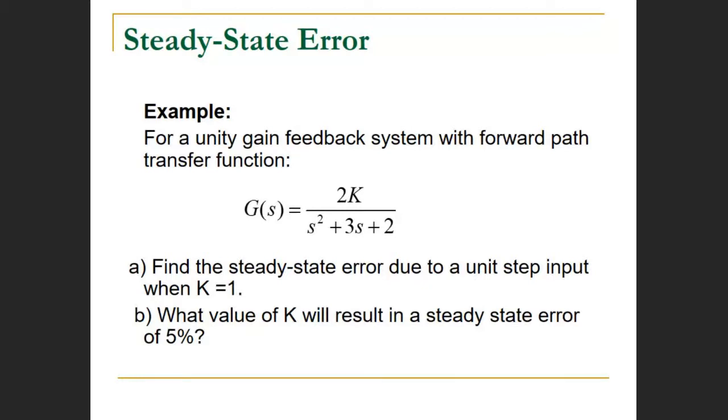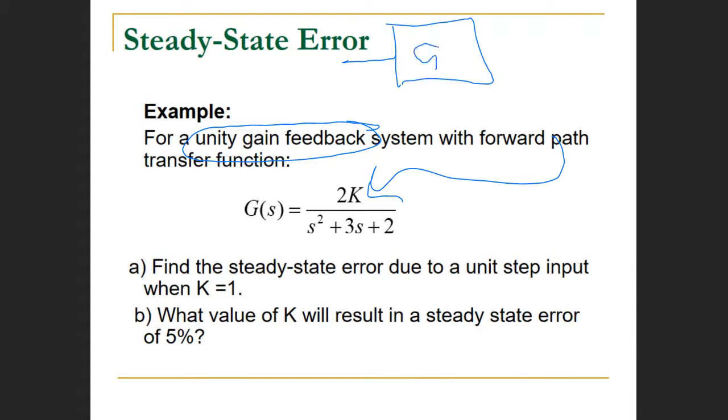Here we have a system, and we're saying that it's a unity gain feedback system. It's important to know that. And the forward path transfer function is that. It simply means that I can write this as my system.